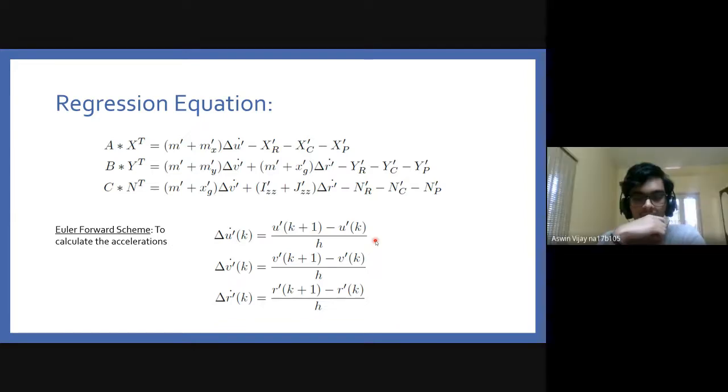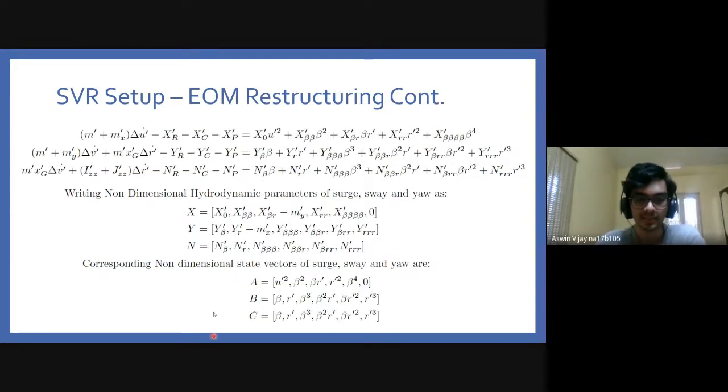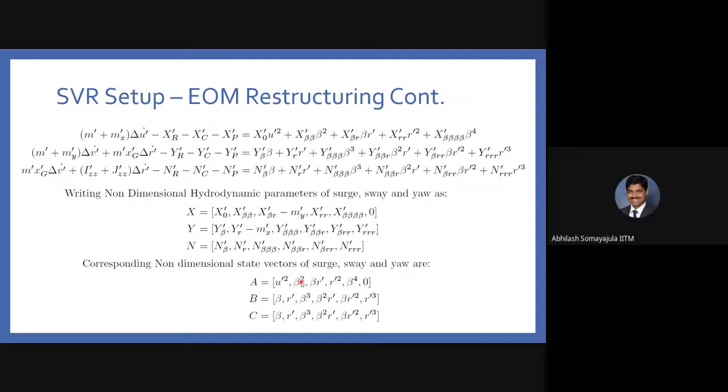So what about these A, B, C matrices? I need there to be some significant change between the rows throughout to get good values. That will happen only if the maneuver is very dynamic in nature.